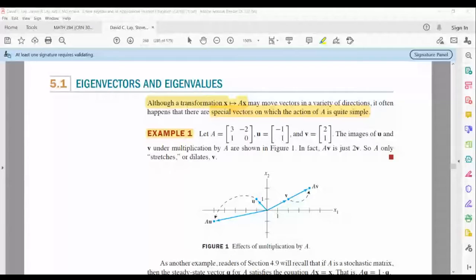So what's interesting about this vector v is when we multiply it by A, A times v is just equal to some multiple of v, right? A times v equals what multiple of vector v based on the picture?